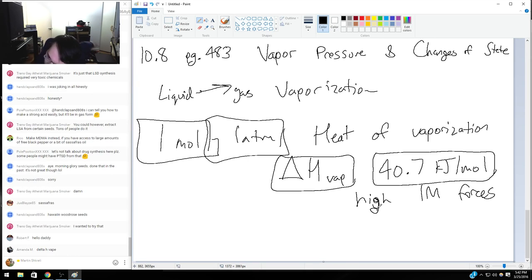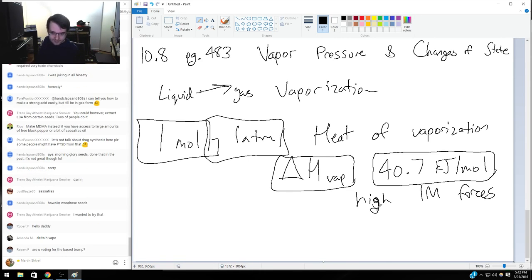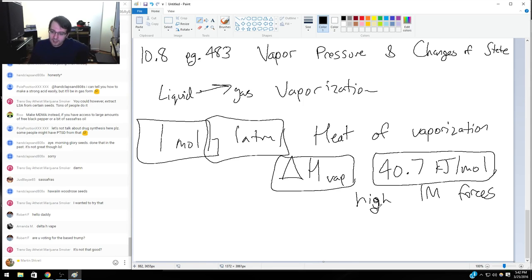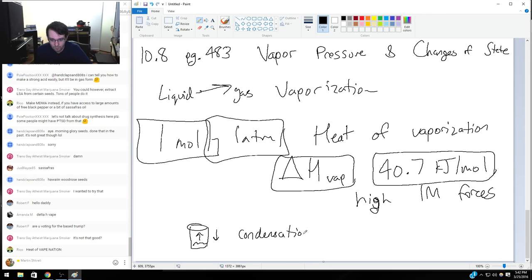And remarkably, as you might be able to imagine, as a gas, these vapors have a certain pressure. If you take a container of water, some of it will evaporate, but some of it will come back down and condense back into the liquid, condensation.